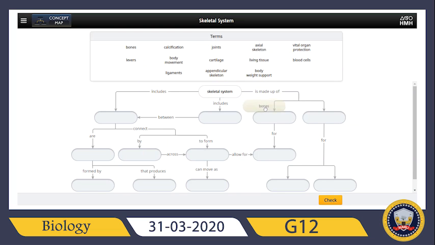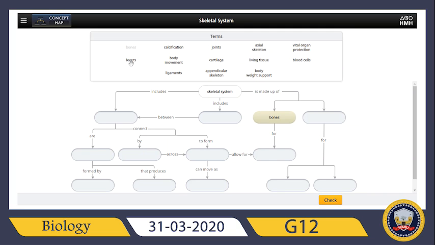Skeletal system is made up of, let's try, bones. What else? Made up of bones, and what else?